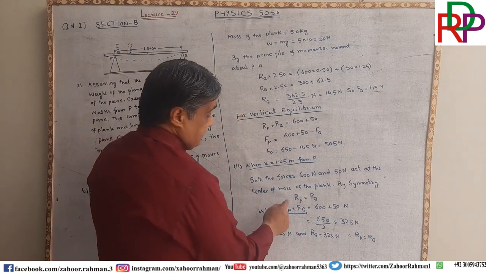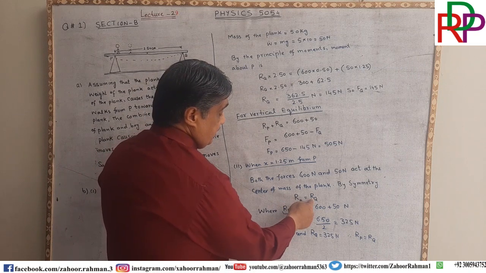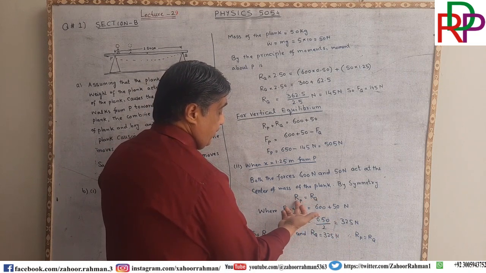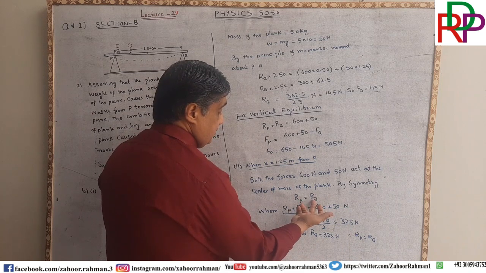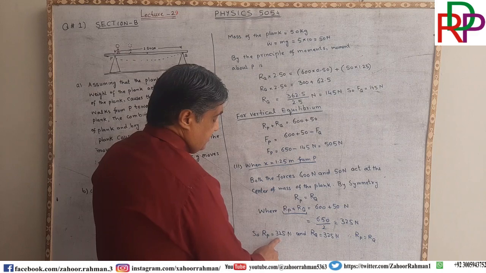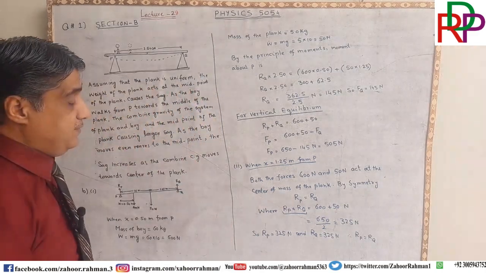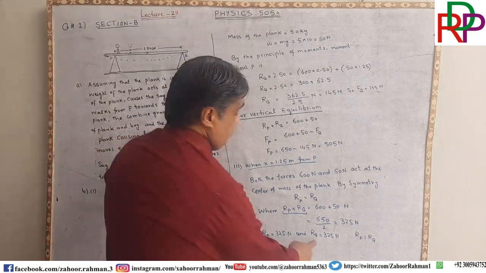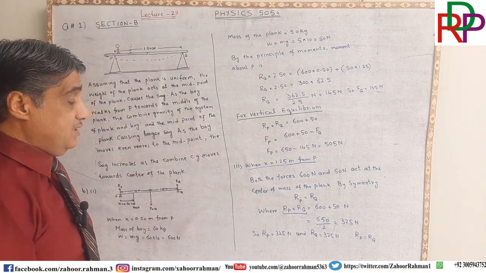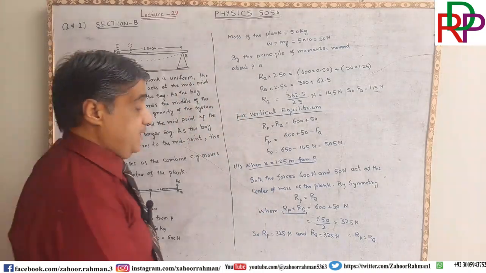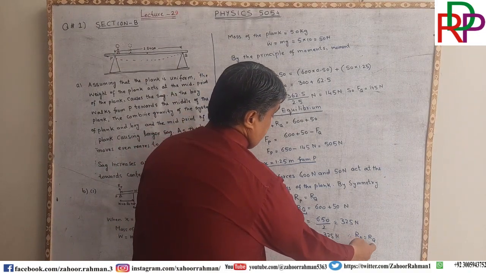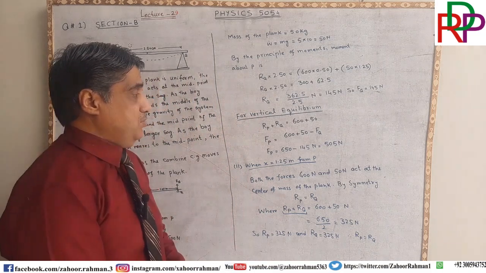So RP is equal to 325 Newton and RQ is also equal to 325 Newton.